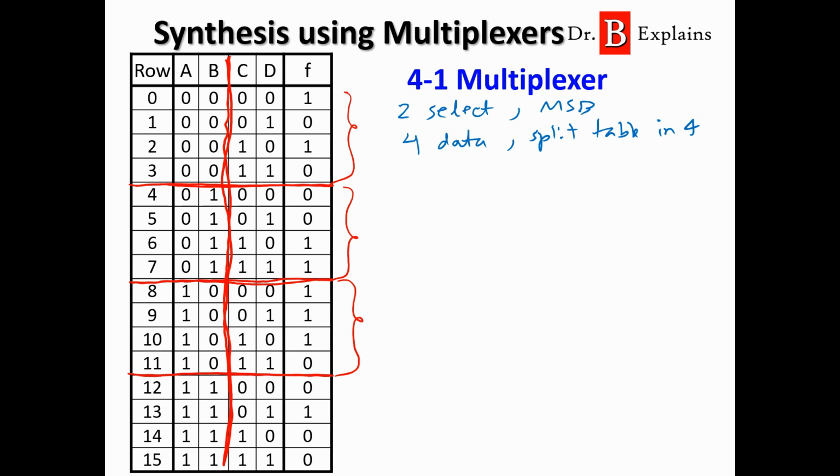So what would each of these sections be equal to? I need to compare the remaining variables, in this case, C and D, with the F. For that, we can use C and D, or we can do smaller truth tables to find the min terms.